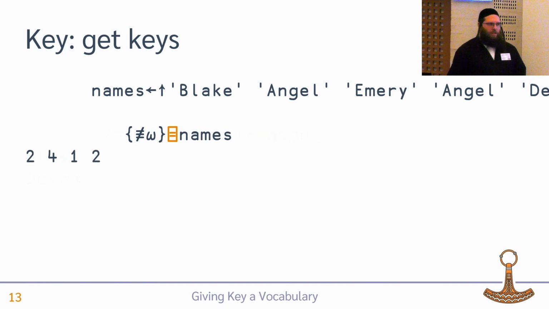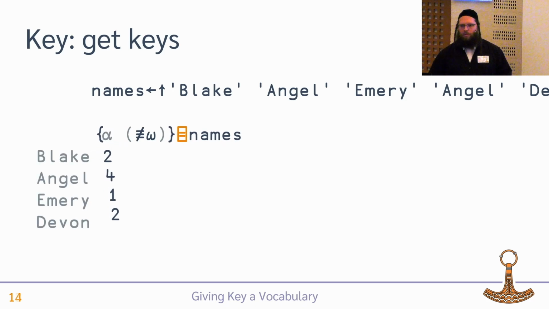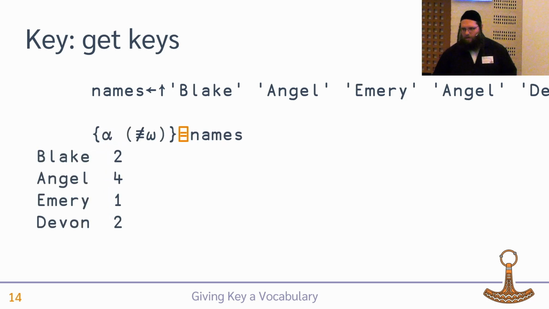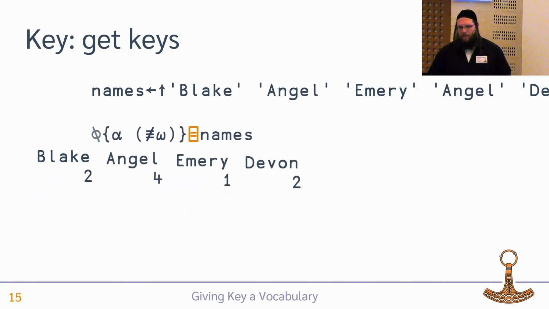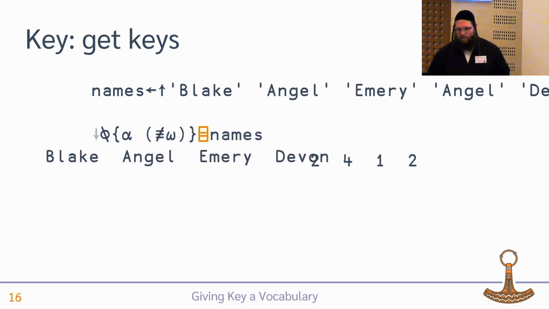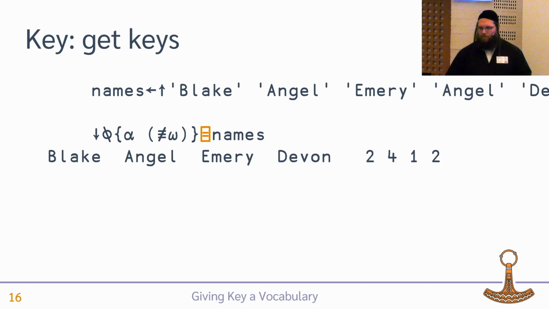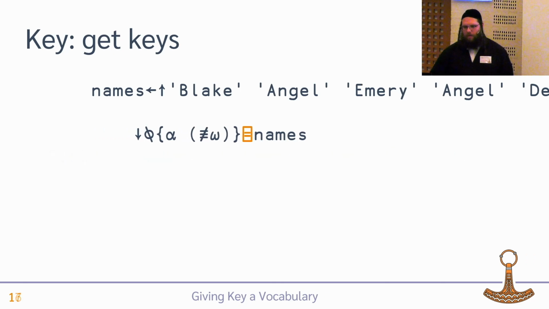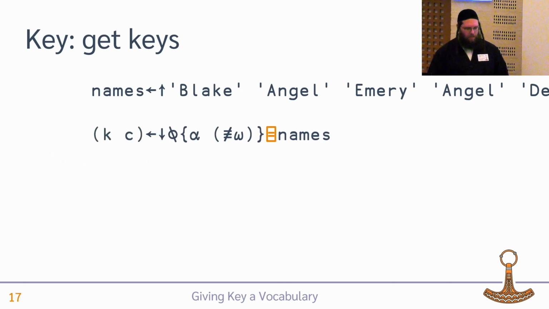So we could do that, actually. There's a way to do it, because remember, key gives us the information about what those unique values are and the indices. So if we include in the result what they are, then we get, in this case, a matrix, and then we can transpose it and split it, and now we've got a two-element vector where the first element are the keys and the second element are the counts in this case, because that's what we're looking for.